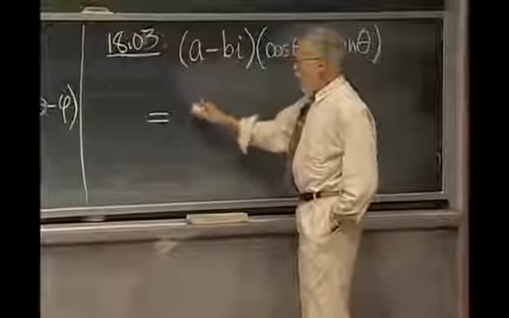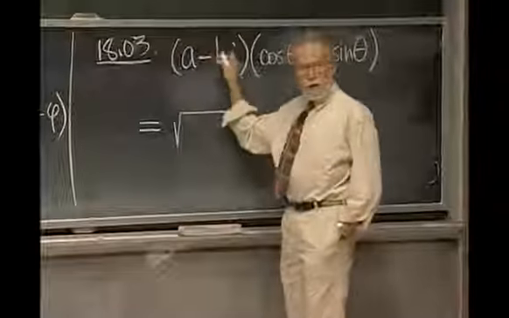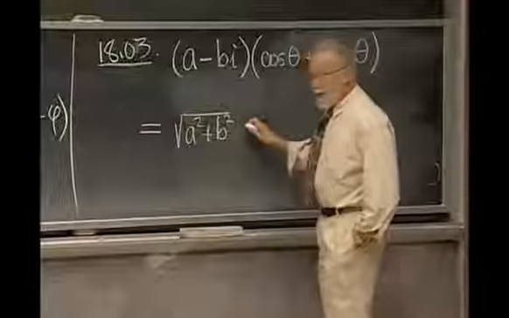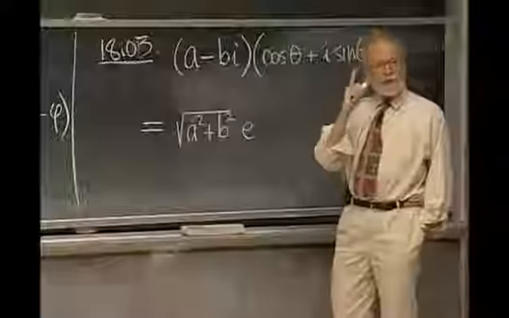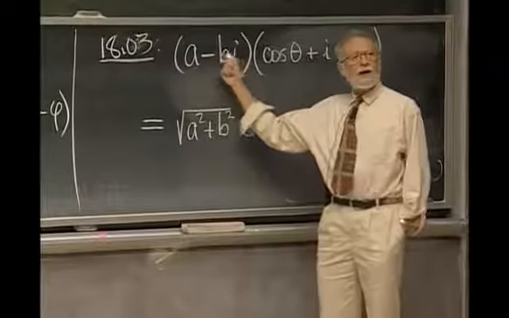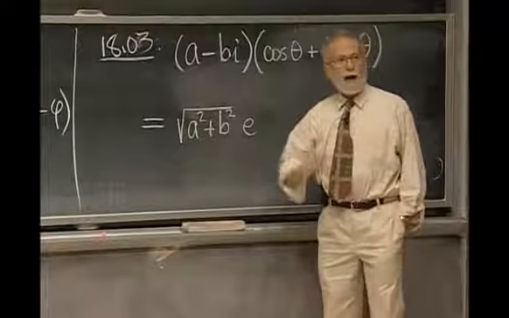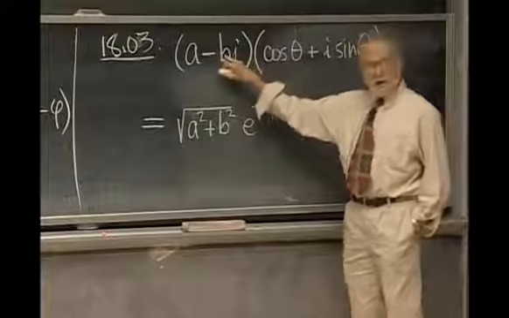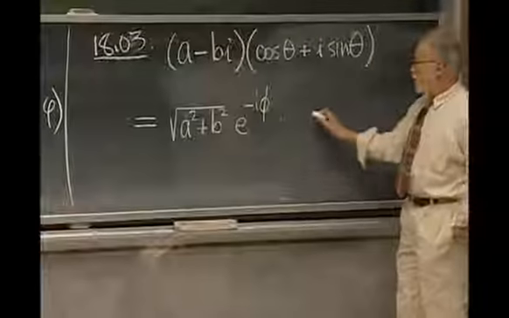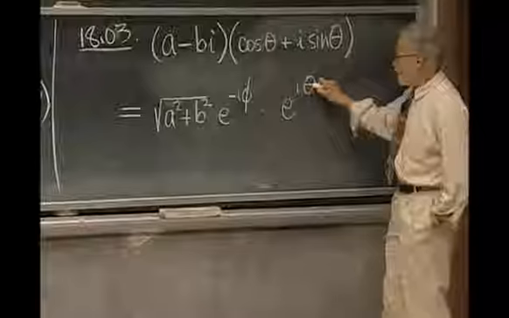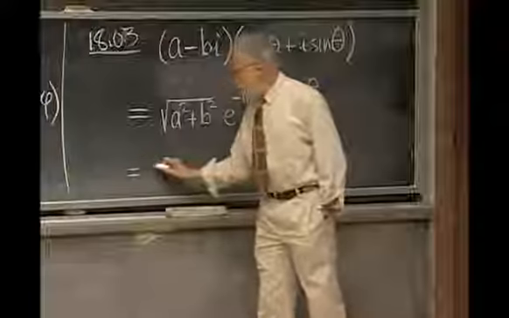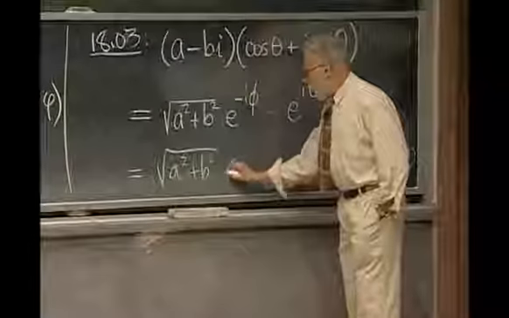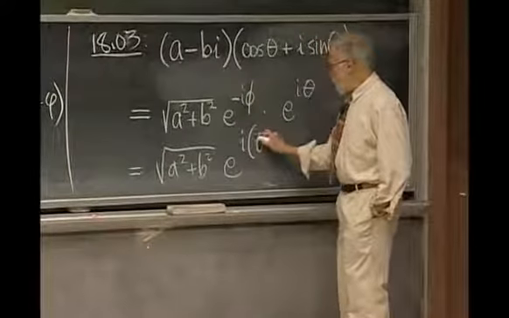Its magnitude is the square root of a squared plus b squared, and its angle is negative phi, not positive phi, because a minus bi goes below the axis if a and b are positive. So it's e to the minus i phi. That's the first guy. And how about the second guy? Well, the second guy is e to the i theta. So what's the product? It is the square root of a squared plus b squared, times e to the i times theta minus phi.